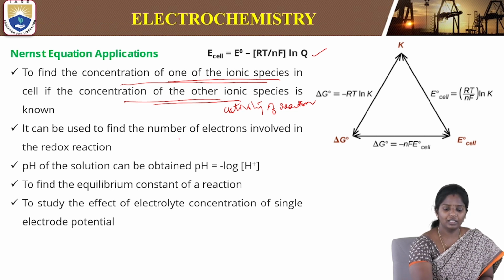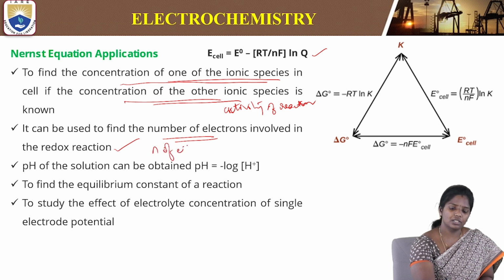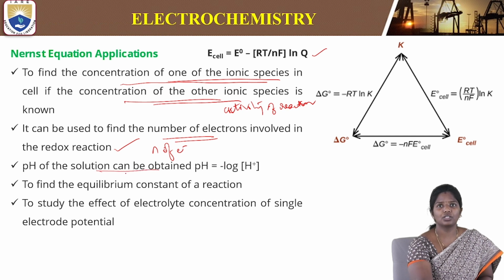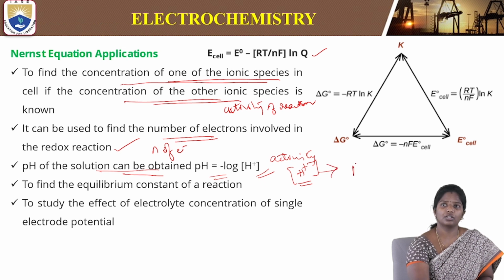It can be used to find the number of electrons involved in a redox reaction. The pH of the solution, which is nothing but the negative logarithm of H plus ion concentration, can also be obtained, as the activity is replaced by the H plus ion concentration.